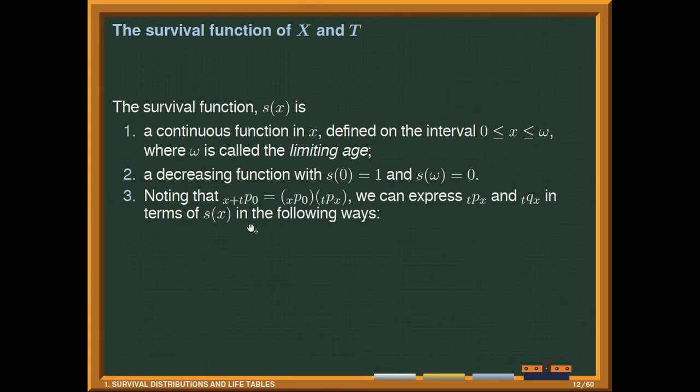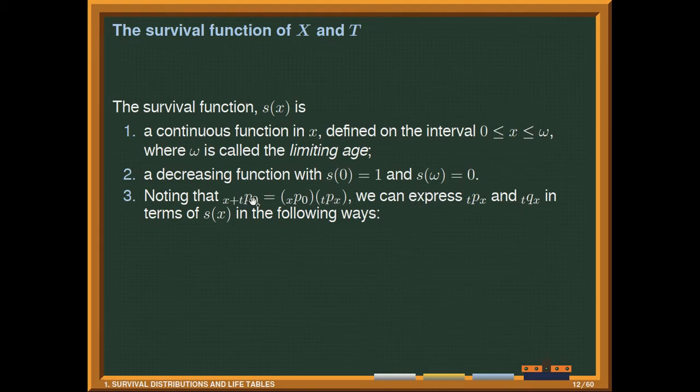We note the following: this representation, which gives us the probability that a newborn will survive to age x plus t, is the same as the probability that a newborn will survive to age x times the probability that a person age x will survive for the next t years.